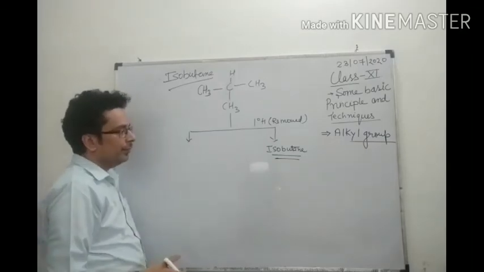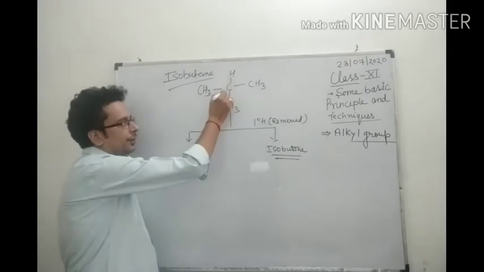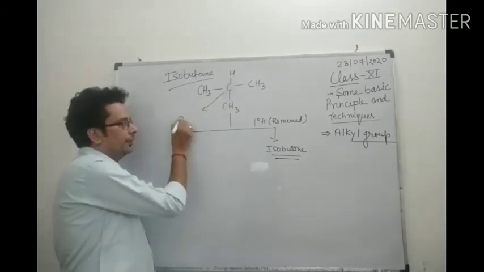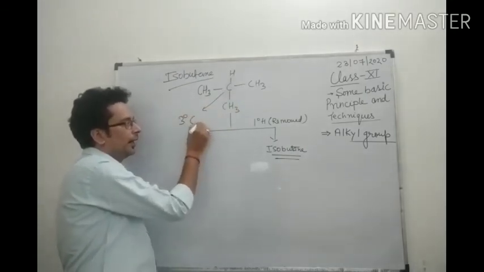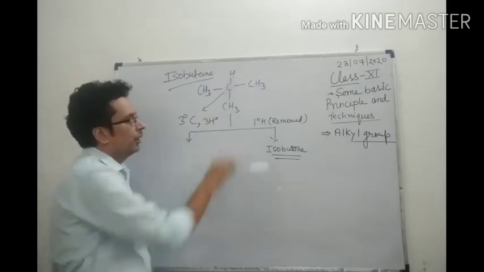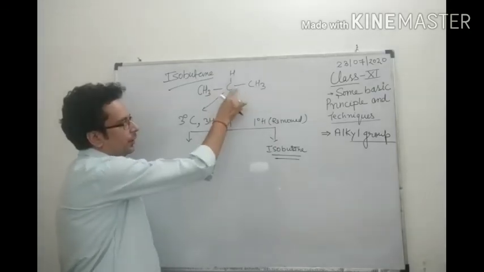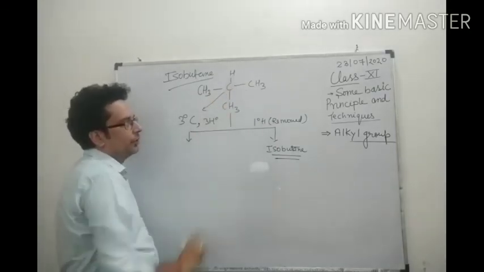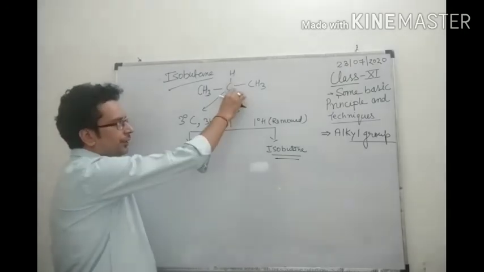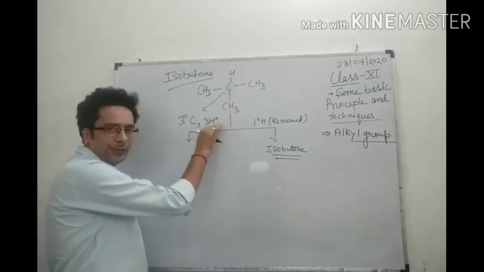Now what about this carbon? This is important. This is a 3 degree carbon, and a 3 degree carbon means 3 degree hydrogen. Look here, this carbon is combined with 3 carbons: 1, 2, 3. So this is the tertiary carbon, and the hydrogen is tertiary hydrogen.